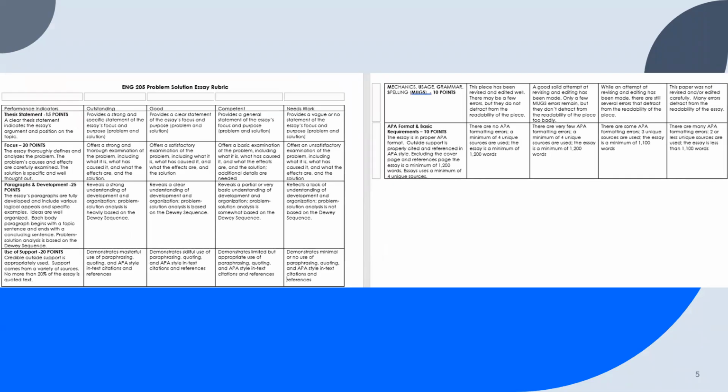This is the rubric I'm going to be using to grade the paper. It's always a good idea to look at the rubrics that your instructors are using, because that's going to give you important information about what you need to prioritize in your paper. So for example, if we look here at the APA format in basic requirements, that is only worth 10 points for this essay.